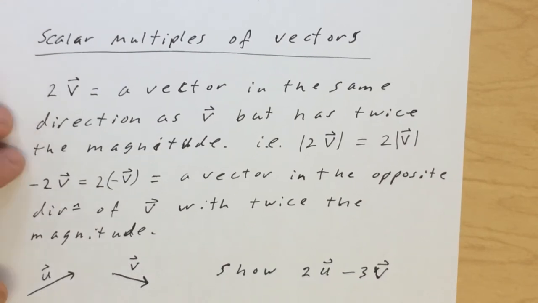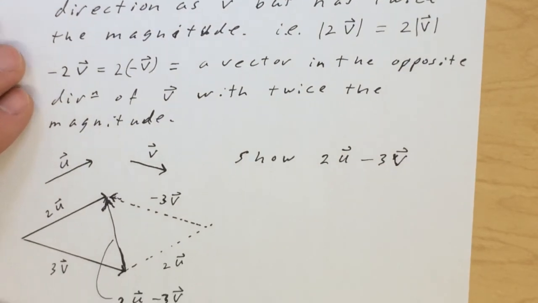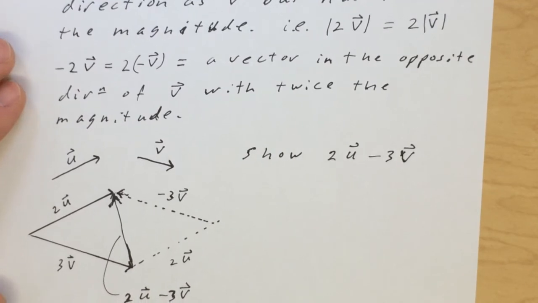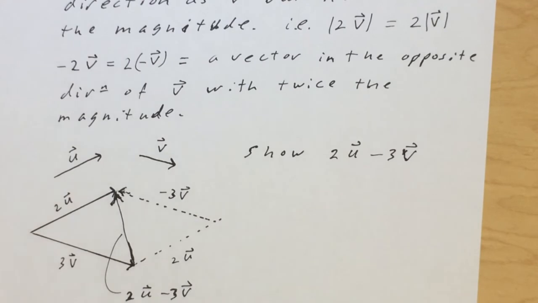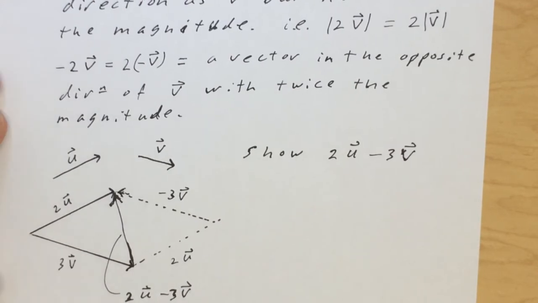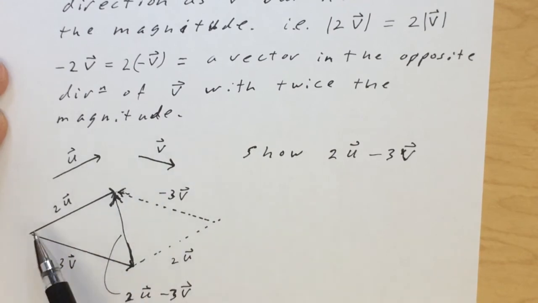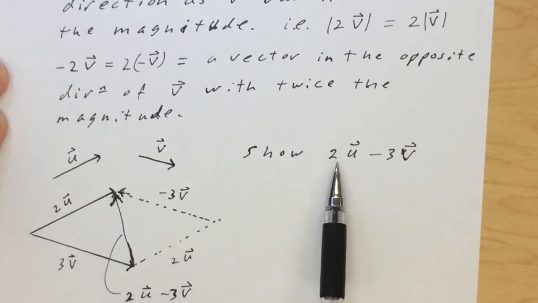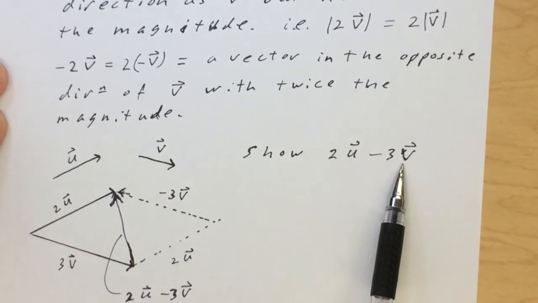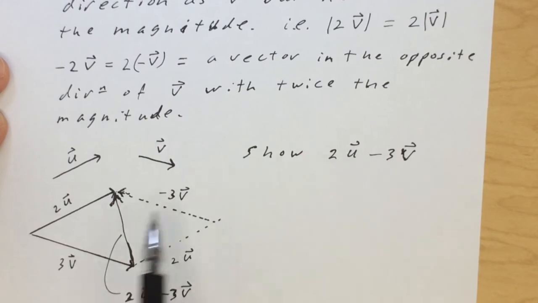And here's some pictures of what it might look like to add or to subtract vectors that are scalar multiples of an original vector. Okay, so if that's u and that's v, this is an approximation, but that would be 2u and 3v. And if you want to do 2u minus 3v, well, I'm using the parallelogram law here.